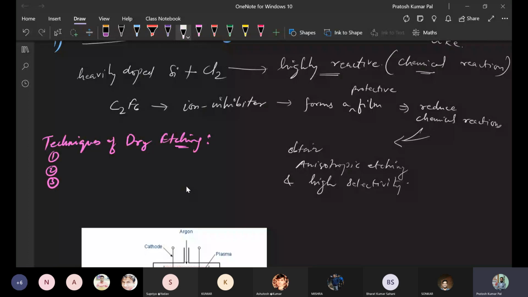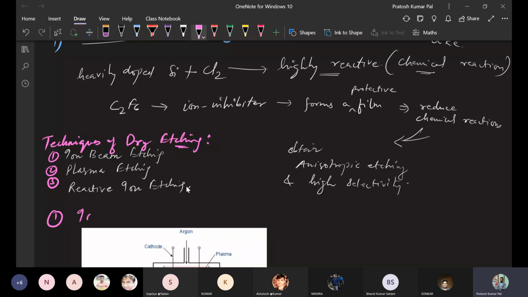The first one is ion beam etching, the next one is plasma etching, and the third one is reactive ion etching. So we will see these three methods.